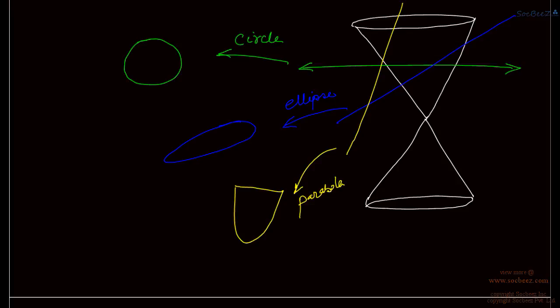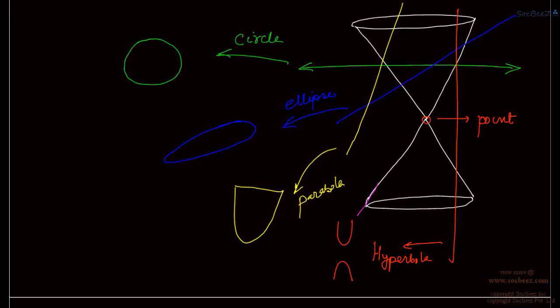And if we cut this cross section like this, then we will be getting something like this, which is a hyperbola. Also we will be getting a point here, so we have a point also. We have a straight line also. Say if we consider this, then this is a straight line also.